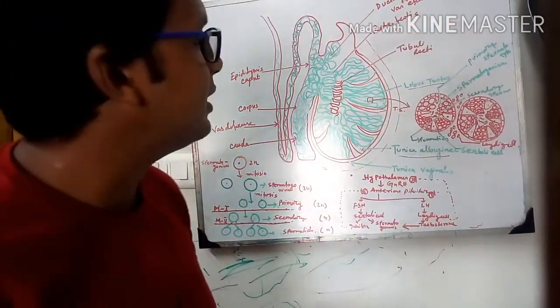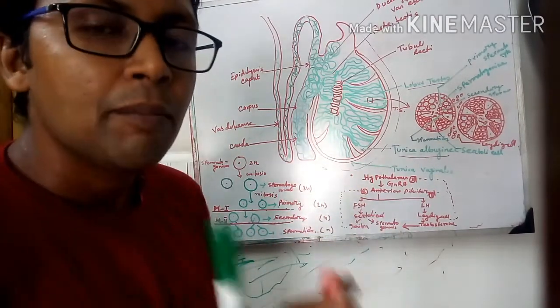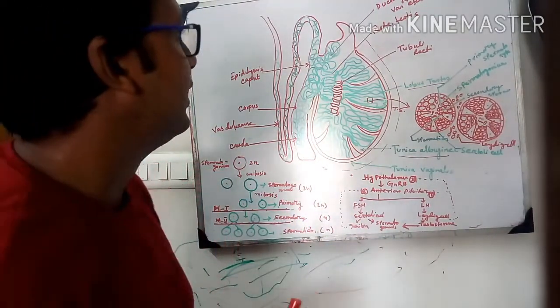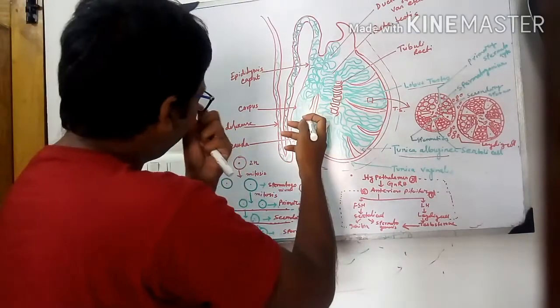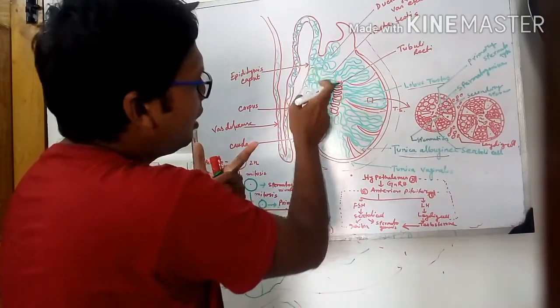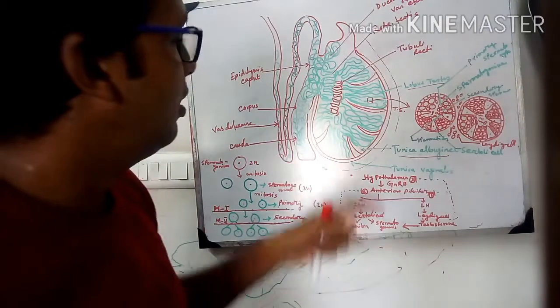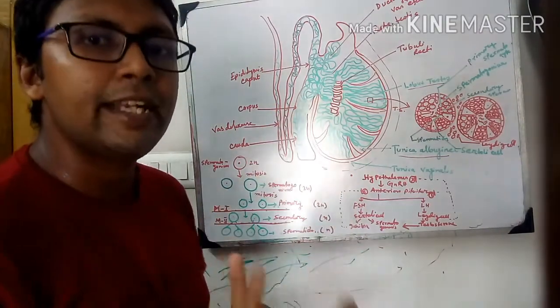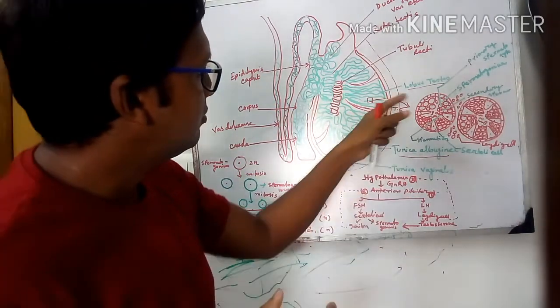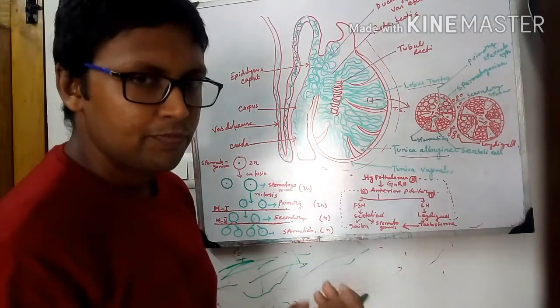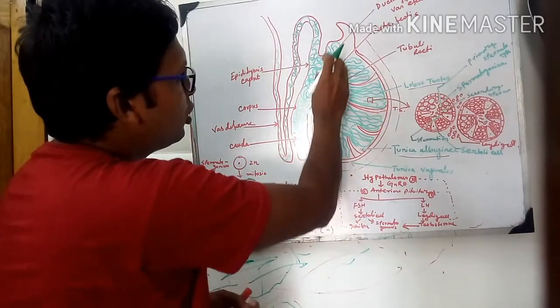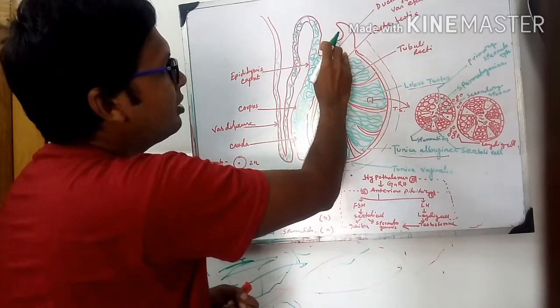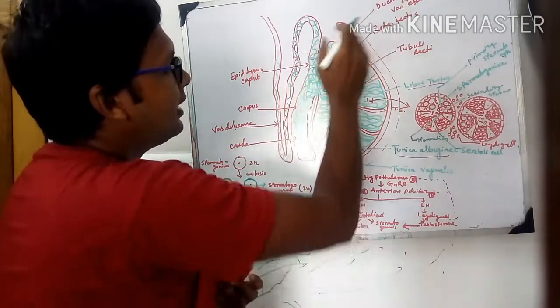Another close term is present, vas deferens. Vas deferens and vas efferentia are two different things. Vas efferentia is present just outside the rete testis, the reticulated seminiferous tubules. Reticulated seminiferous tubules together form a structure called vas efferentia or ductus efferentia.